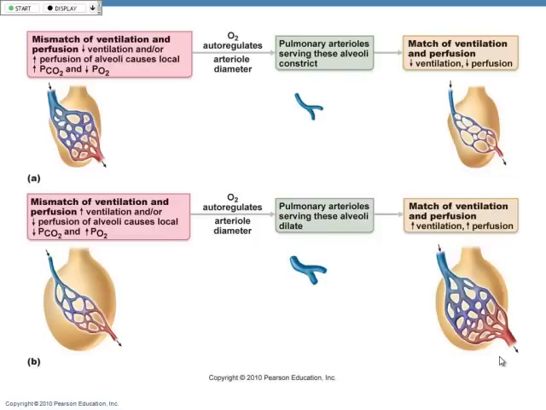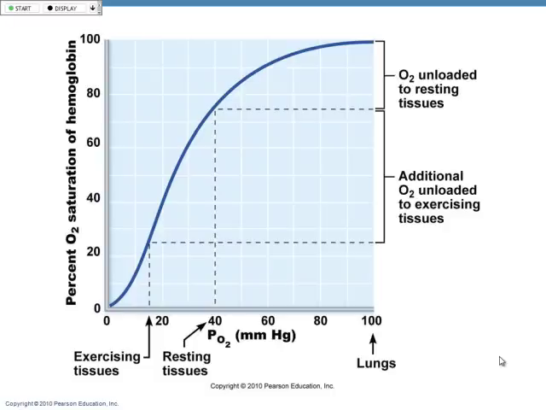So we see in this diagram, which is a little confusing, ventilation perfusion coupling, which basically talks about the movement of gases. And since it's a little confusing, I'm going to pass it.